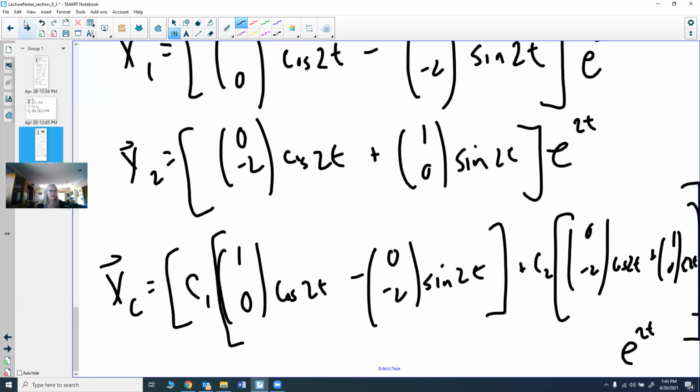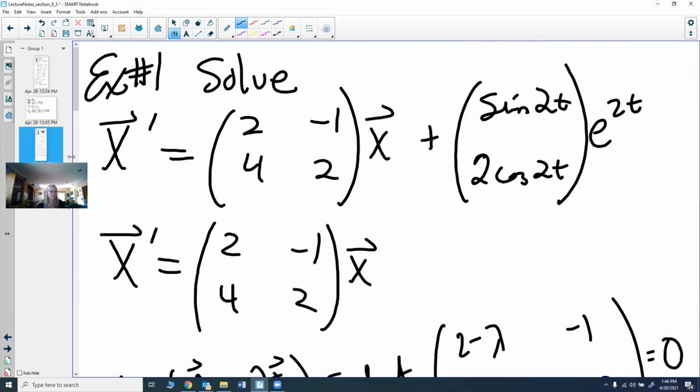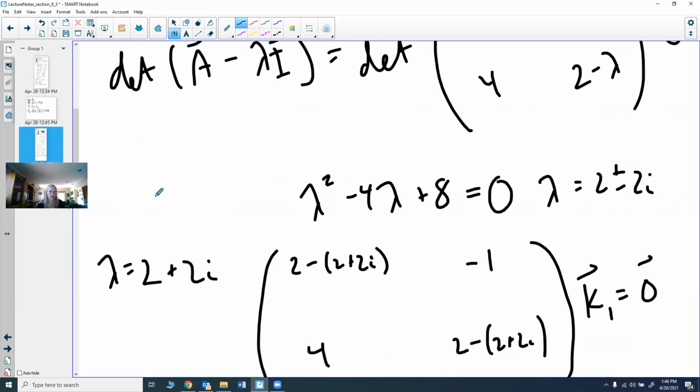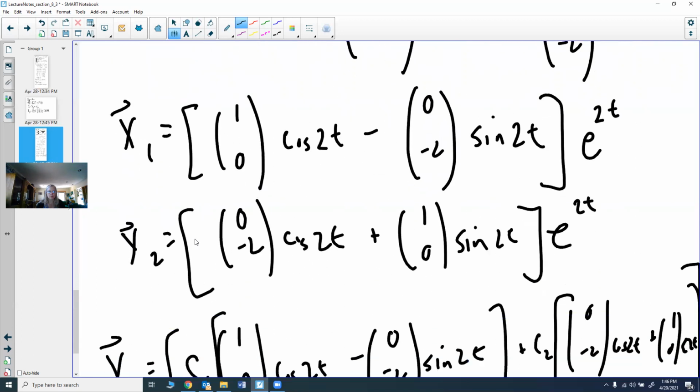I can therefore find out what my fundamental matrix is. So my fundamental matrix, phi is the symbol we use for that. You can use anything you want. It really doesn't matter. But phi is what most people use. Going back to the solution we just came up with, we don't include the c1 and c2.